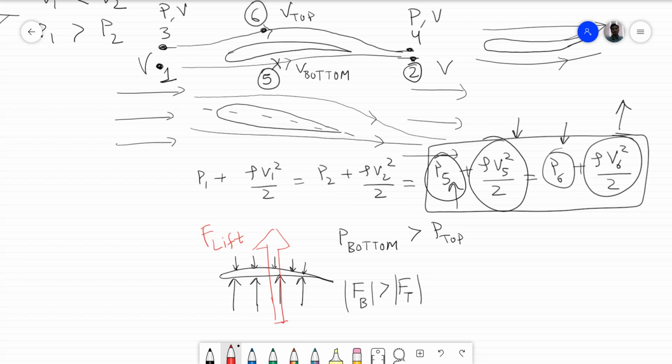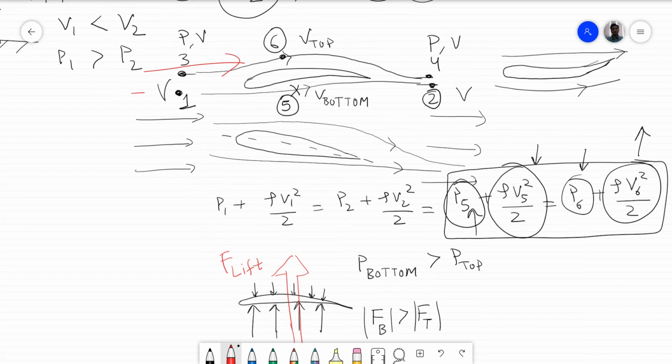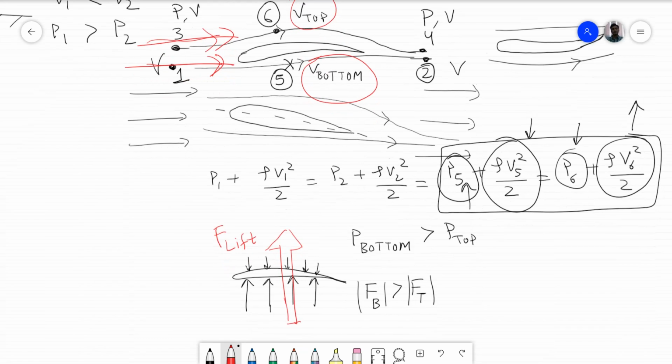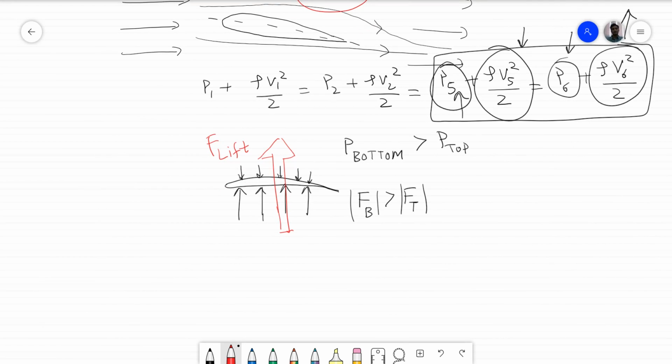So there has to be some incoming velocity. Only then you will have some difference between the top and the bottom velocities, because the air has to flow. And the difference also depends on the inlet velocity magnitude. The larger the inlet velocity magnitude, the larger the difference between the top velocity and the bottom velocity. And the larger will be the lift force.